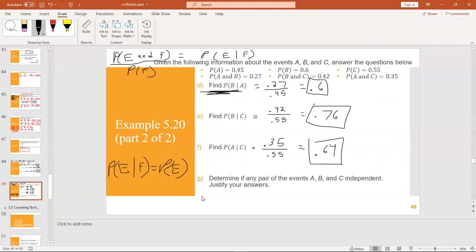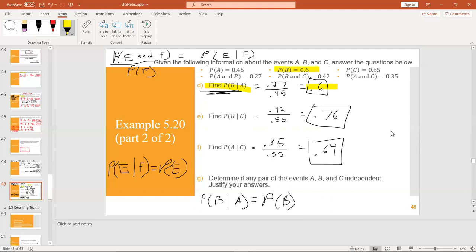The probability of B given A actually turns out to be the same as the probability of B, because what you'll notice is that here is the probability of B, 0.6.